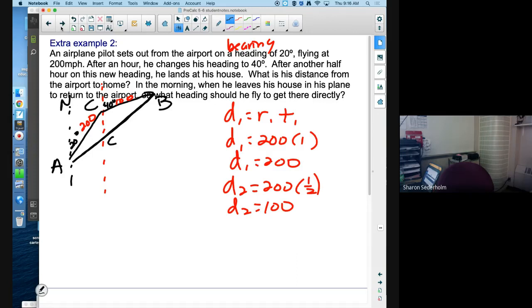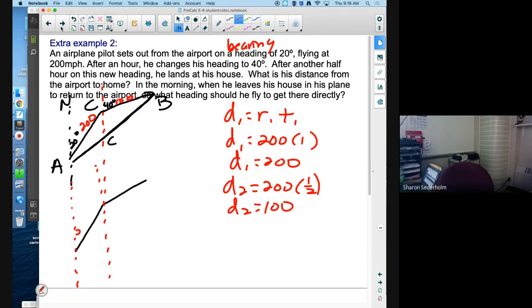And it seems to me I have a lot of information up here about what's going on. So that's the angle I'm going to focus on. That one right there. And now when you're talking about real life problems with heading or bearing, it's usually a good idea to think about that compass drawing and how that would fit into all of this with your due north piece in there.